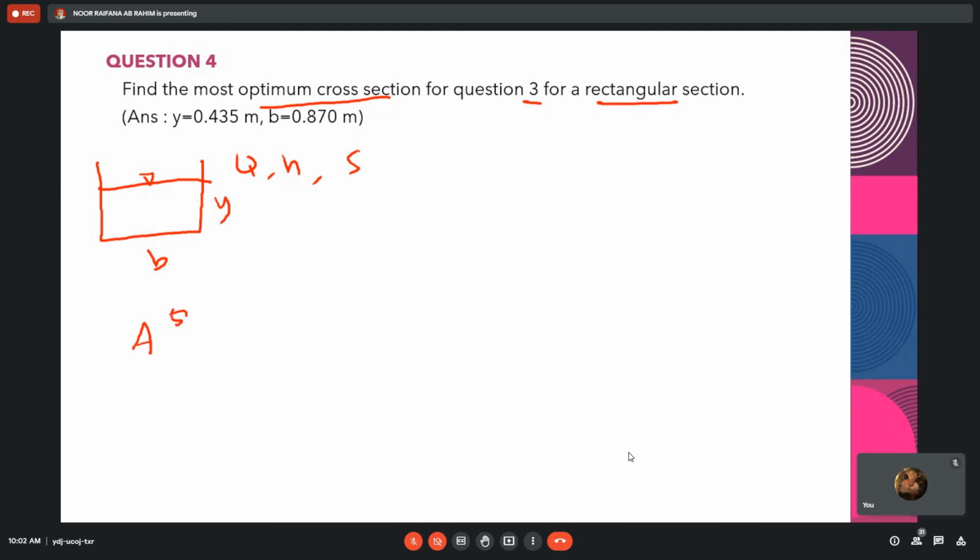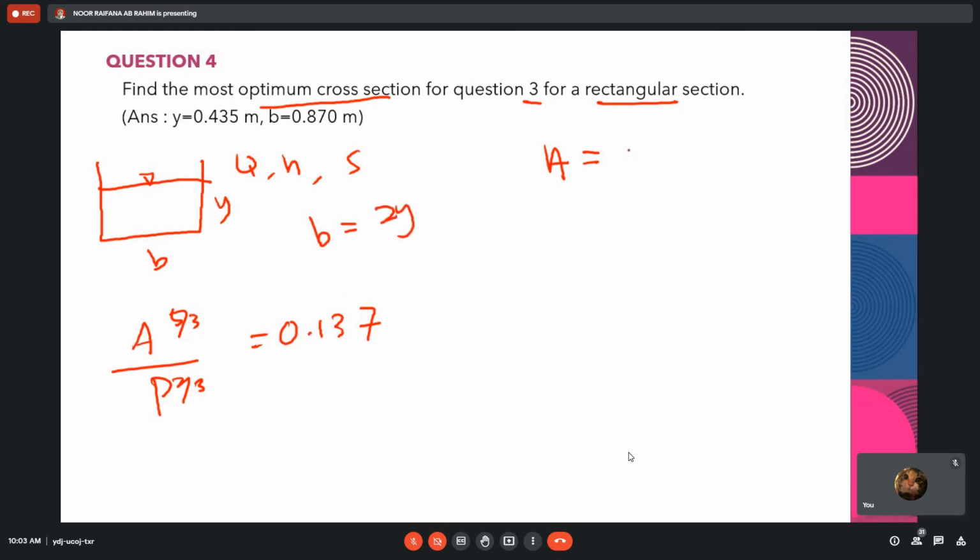Sebab dia punya N masih sama, Q yang sama, S yang sama. So you boleh ambil balik equation tadi which is A power of 5 over 3 over P 2 over 3 equal to 0.137. Yang berubah adalah bentuk dia rectangular, so you kena kira area yang baru. So area untuk rectangular kita tahu for optimum cross section dia punya B mesti 2Y.